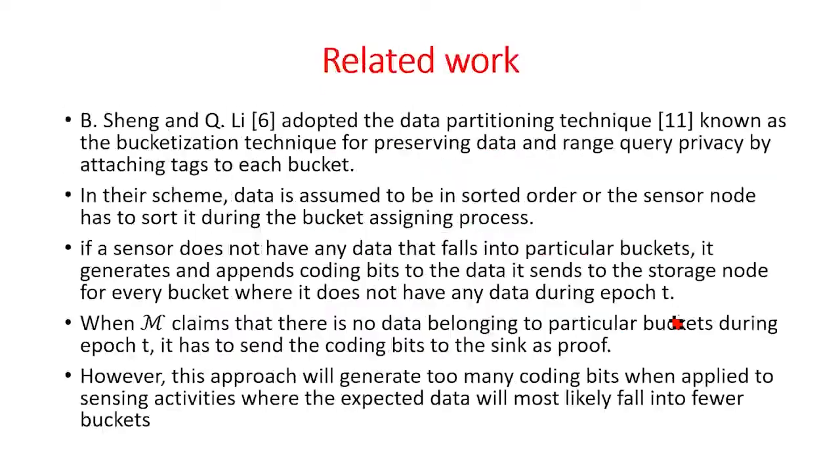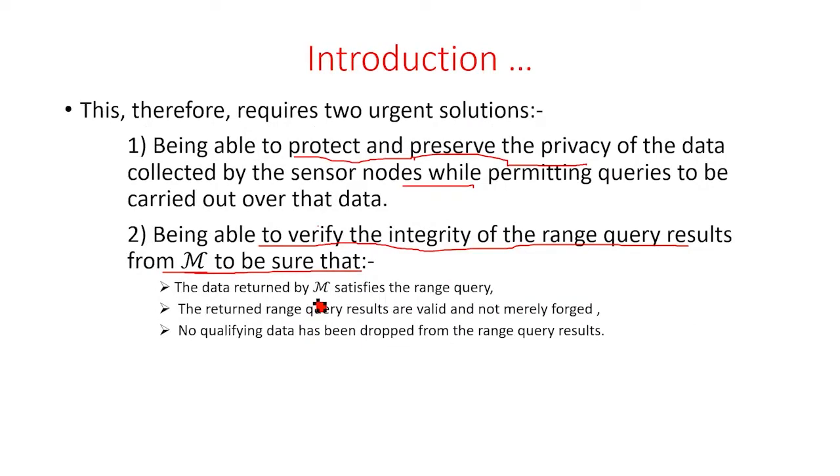So we must be able to verify, one, that the data returned satisfies the range query. If we want data between 10 and 20, then all the information returned must be between 10 and 20. Two, that all the results returned are valid and not forged. And three, that no data is dropped. The adversary can do all of these if it attacks our M.